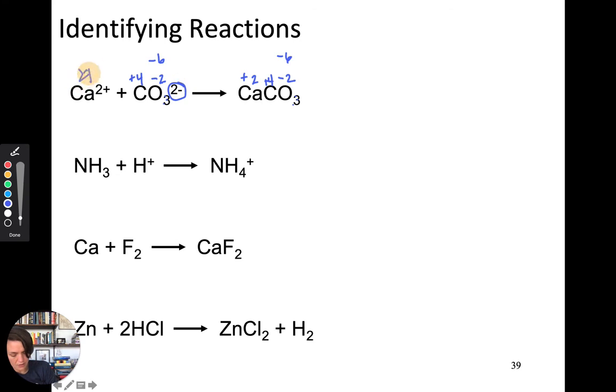And here, an ion has its charge. So my calcium still is a +2, my carbon is still a +4, my oxygens are still -2. There is no redox reaction, right? No change in oxidation number. However, this does form a solid, so this is a precipitation reaction.